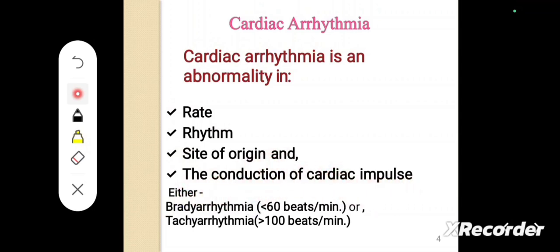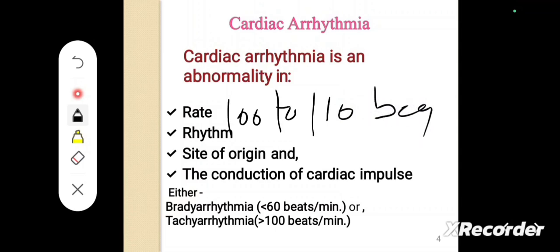In simple language, the normal heart rate is about 100 to 110 beats per minute. So this is the normal action potential.